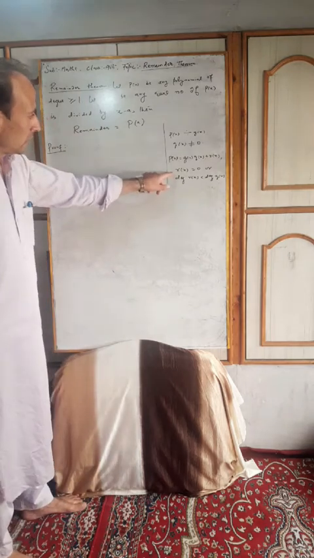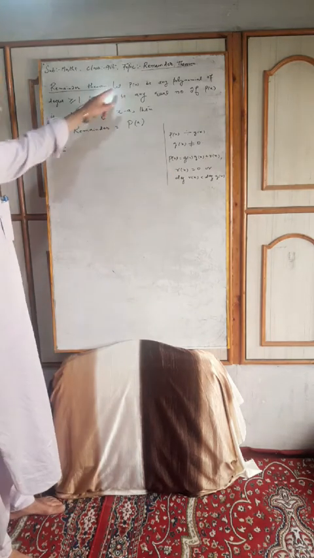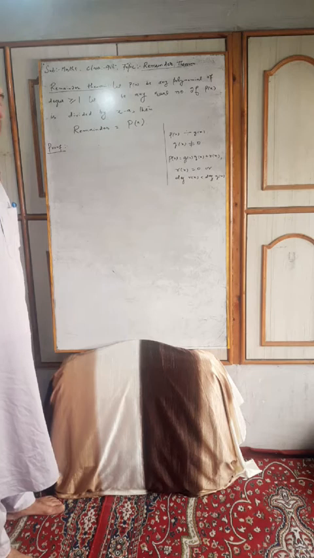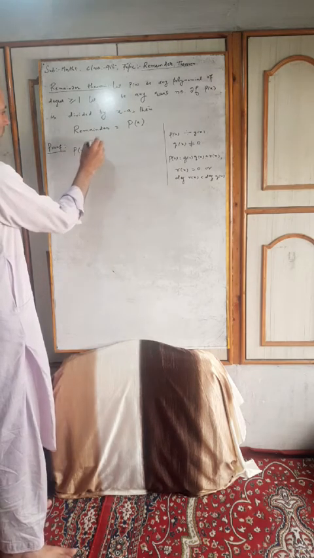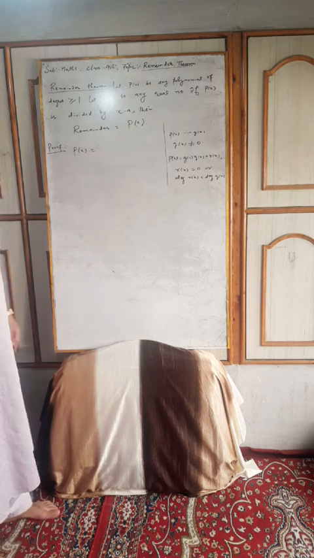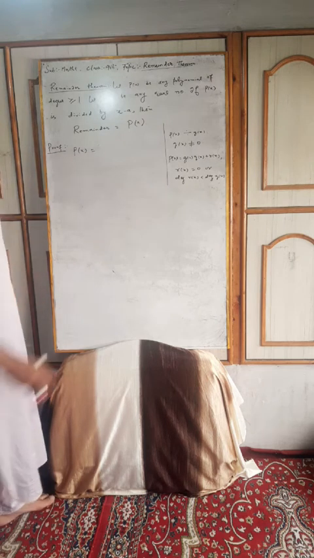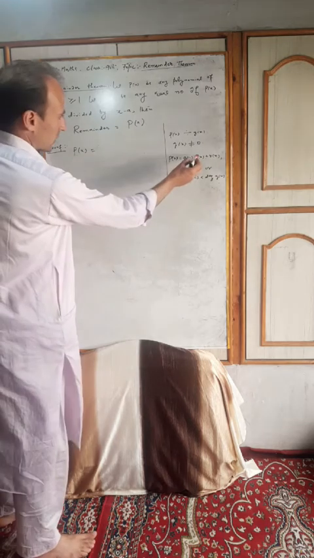Same is to be followed here. The polynomial p of x, when divided by x minus a, we can find the quotient q of x and r of x, that is the remainder. p of x is equal to g of x into q of x.